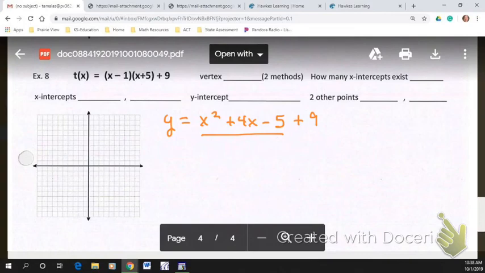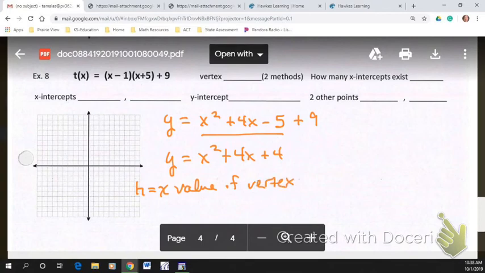Okay, so what's -5 plus 9? 4. So x squared plus 4x plus 4. Okay? What form am I in now? Standard. Well, what can I do when I'm in standard form? How do I find a vertex when I'm in standard form? h is the x value of the vertex, so you got the negative b over 2a, and that can be found by doing -b over 2a.